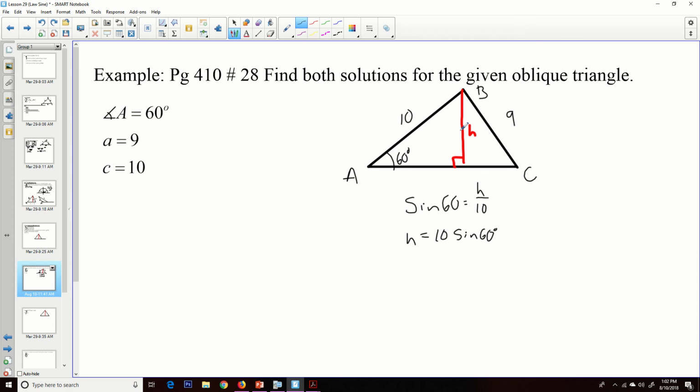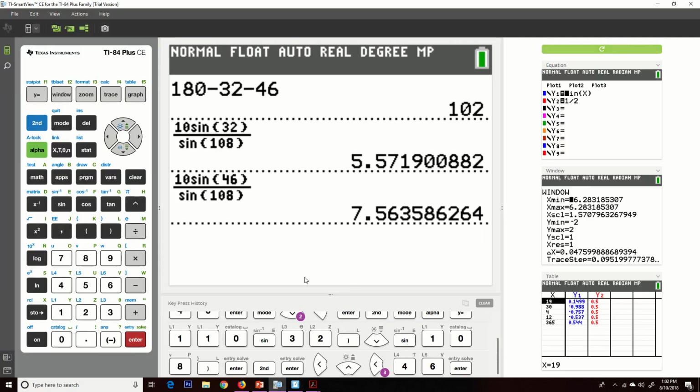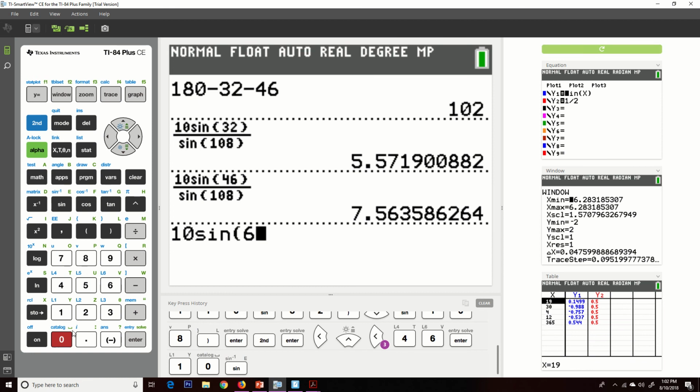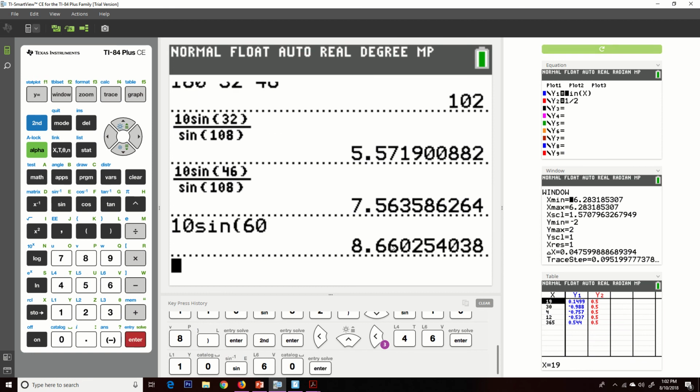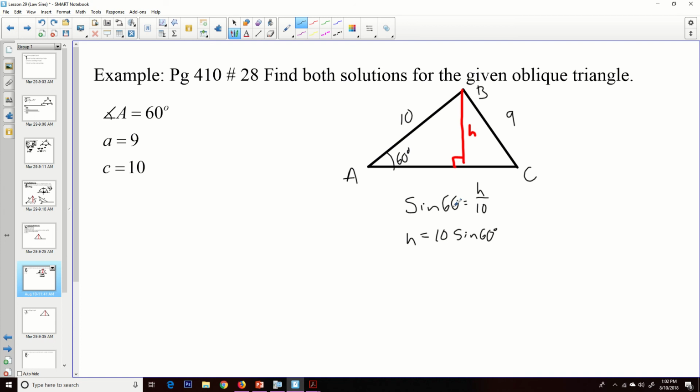But we want to do a comparison, so I'm going to put it in the calculator and go 10 sine 60 and get 8.660. And so clearly, 8.660 is less than 9 is less than 10.